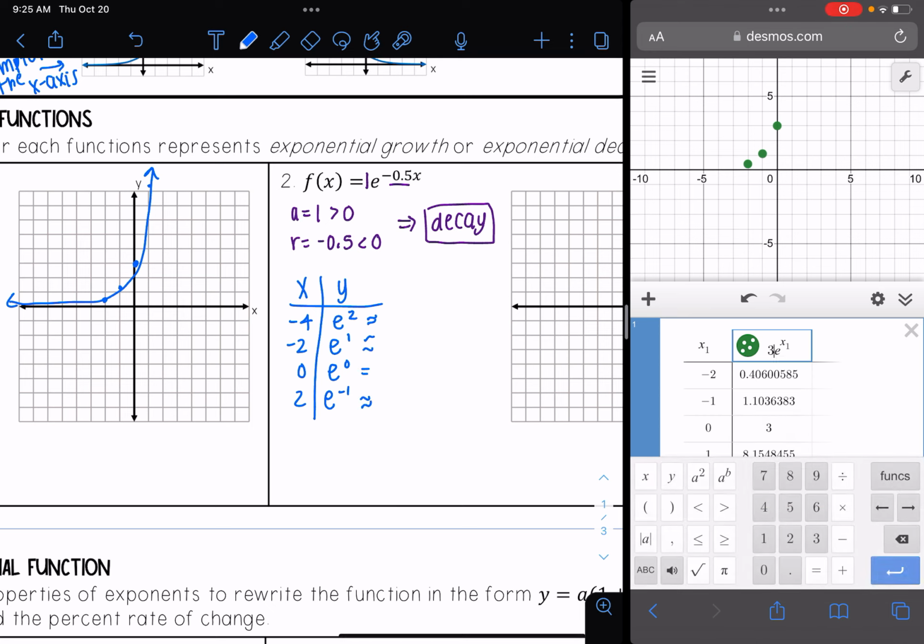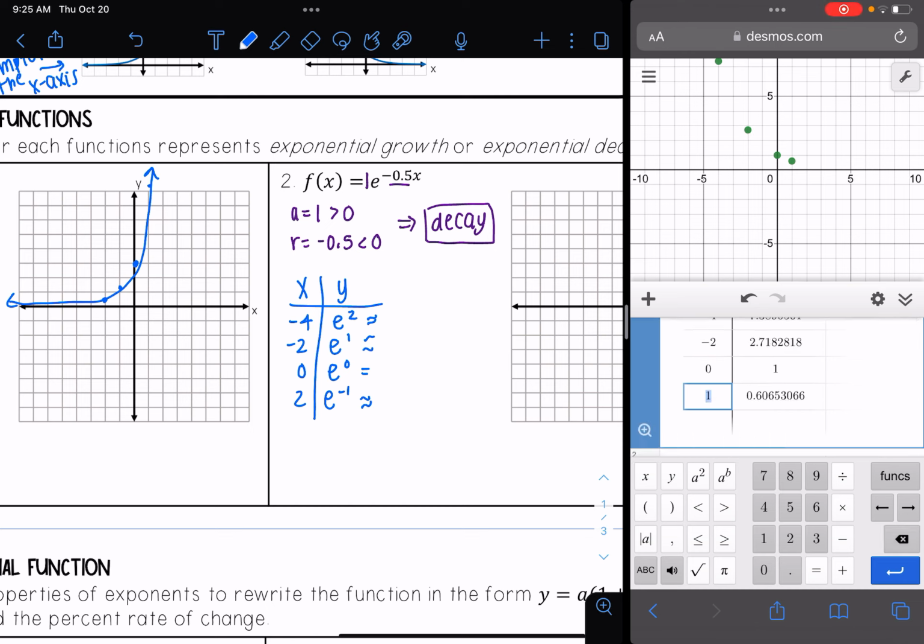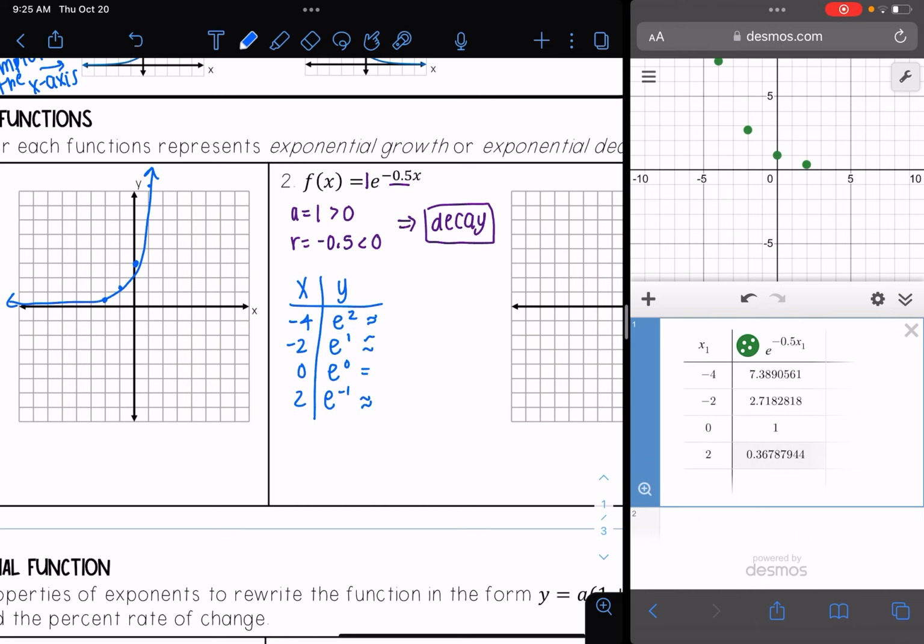So I can come back over here to Desmos, and I can change this to negative 0.5. And so I get these numbers. So that means that this is going to be 7.39, 2.72, 1, and 0.37.